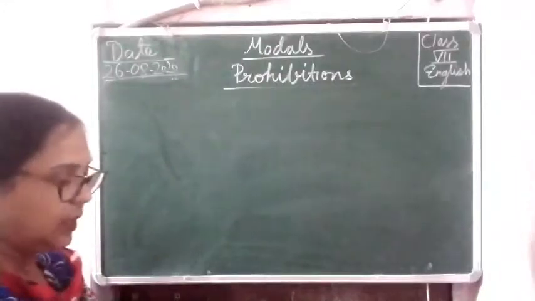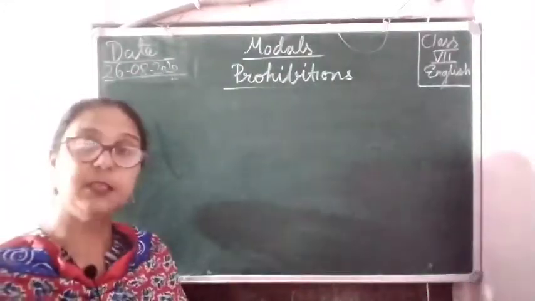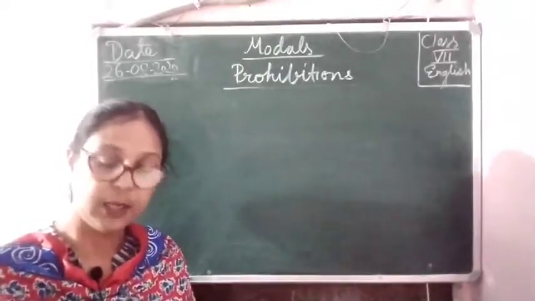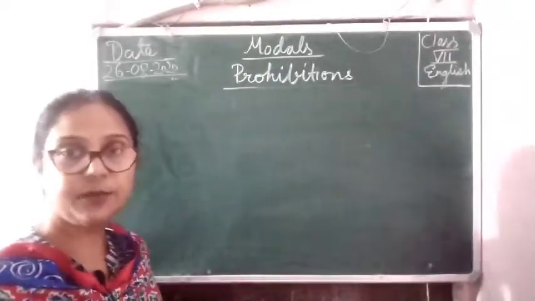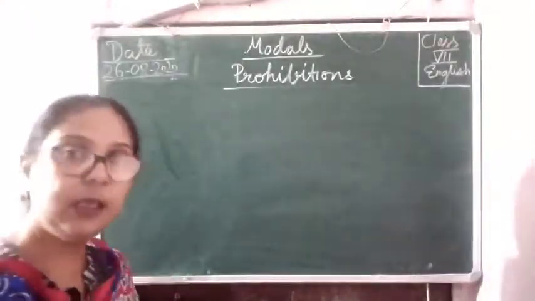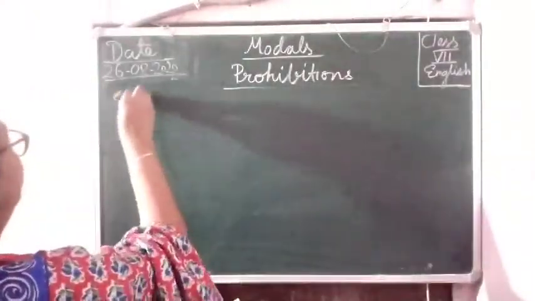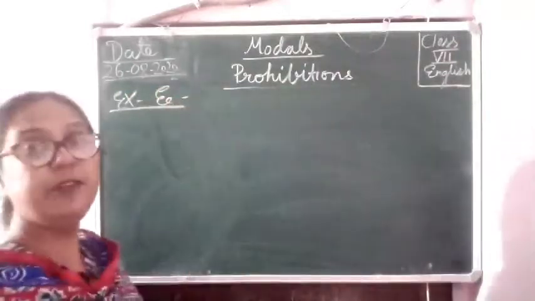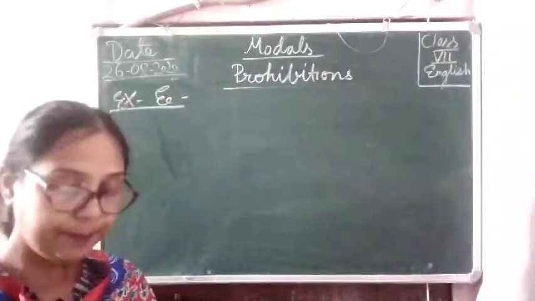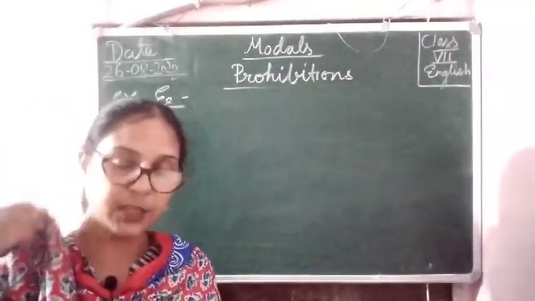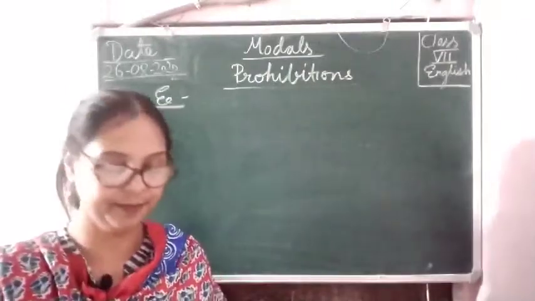So the exercise is E on your page number 91. Page number 91 in your Mastering Grammar book. This is exercise number E. E we are going to solve, and you can find this exercise on page number 91.